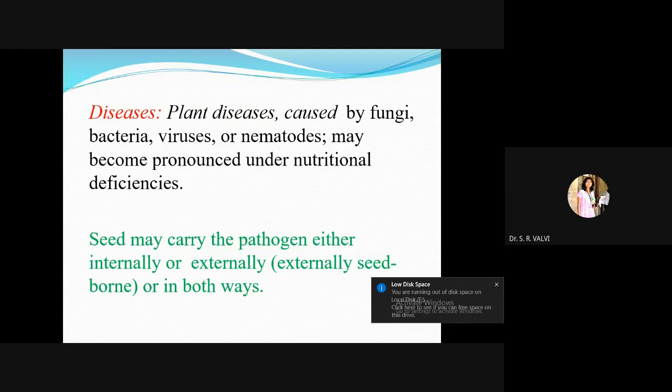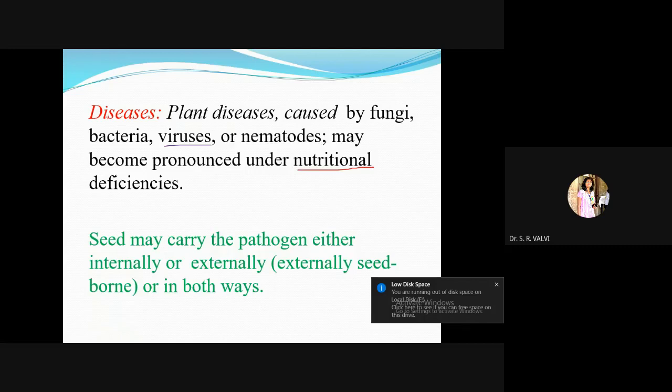Now the next point is disease. If your plant is suffering from any biological pathogen, for example, if the plant disease is caused by fungi, bacteria, viruses or nematodes, or if not, diseases also come under nutritional deficiencies. In that condition also you have to consider these plant diseases.